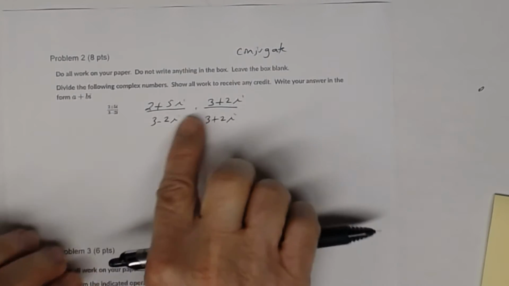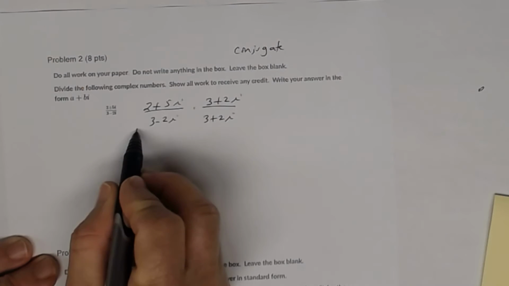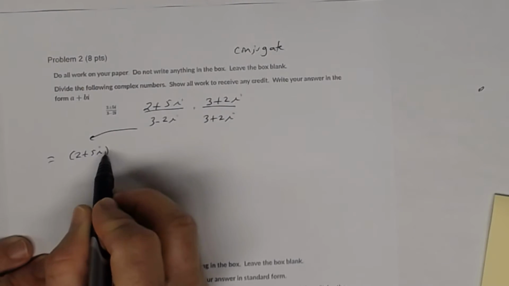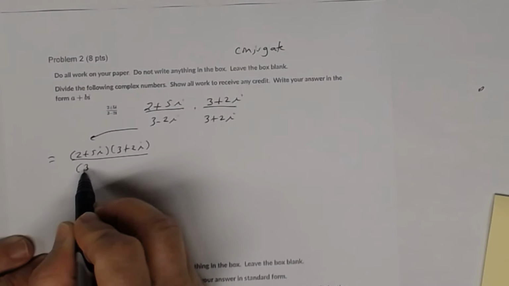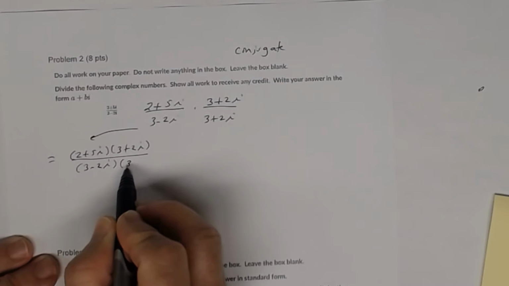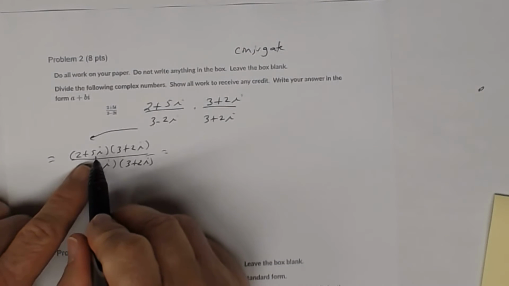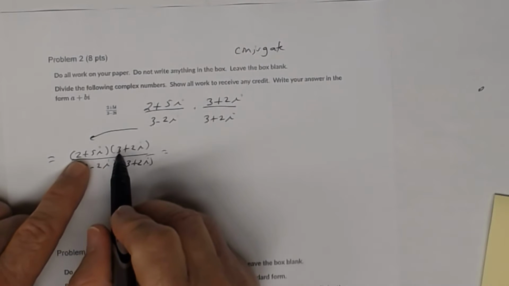All right, so let's go ahead and multiply the numerators and then multiply the denominators. So basically, you have 2 plus 5i times 3 plus 2i divided by 3 minus 2i times 3 plus 2i. All right, so when I multiply the numerators using the idea of FOIL, I get 2 times 3 is 6.